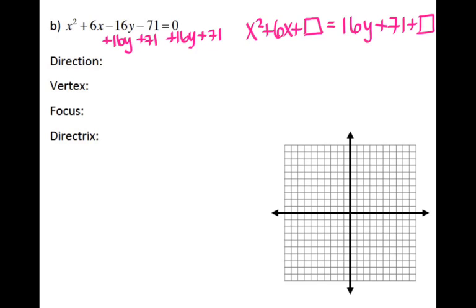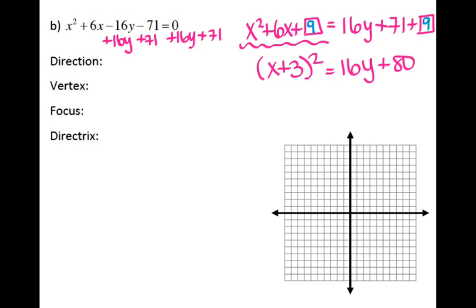The number that goes in the box is half of your middle term and then square it. So half of 6 is 3, 3 squared is 9. And then this side we can go ahead and factor. That factors to x plus 3, quantity squared, equals 16y plus 80.